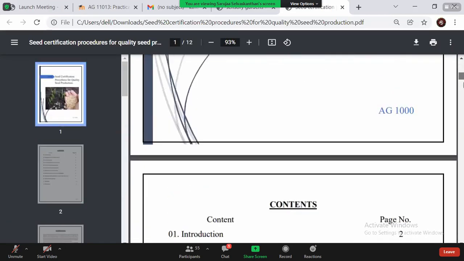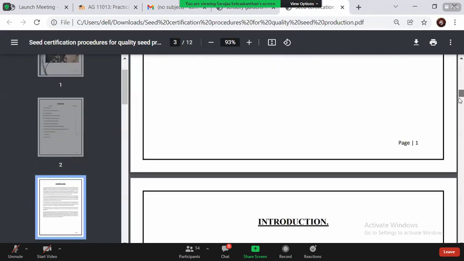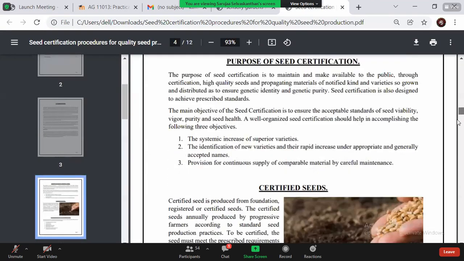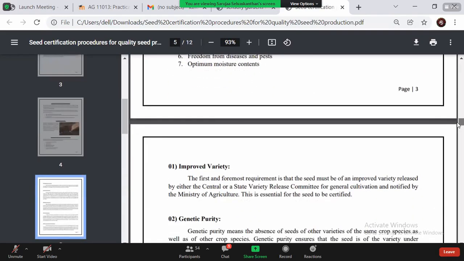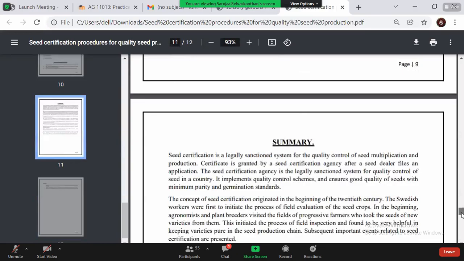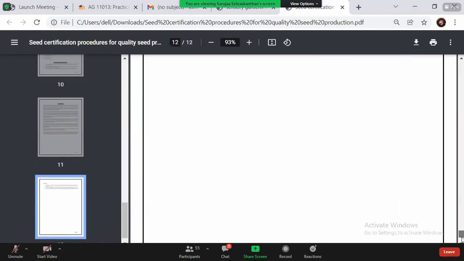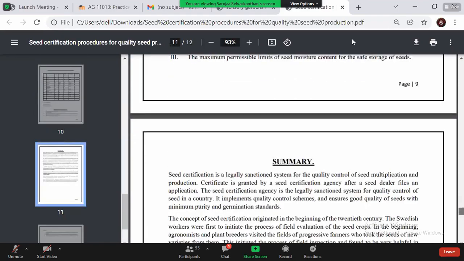They include all the content: introduction, purpose, summary, and references. After that, we will include the summary and references.